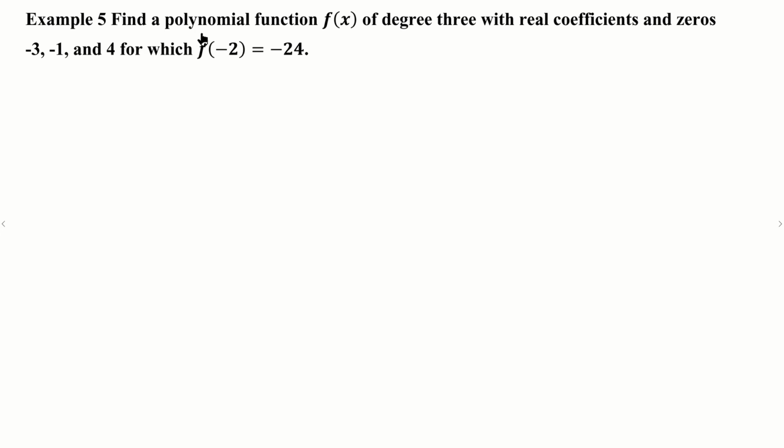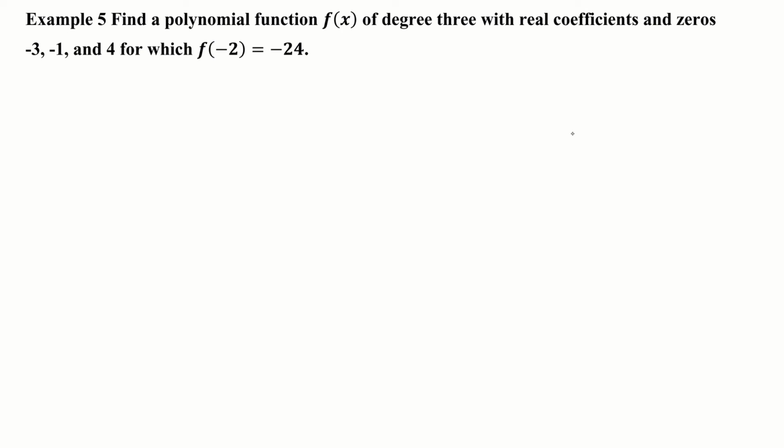All right, so here we want to find a polynomial f of x of degree 3 with real coefficients and zeros -3, -1, and 4, for which f of -2 equals -24. Well, I think you'll agree that it's very easy to set up a polynomial which has a certain group of zeros, right?